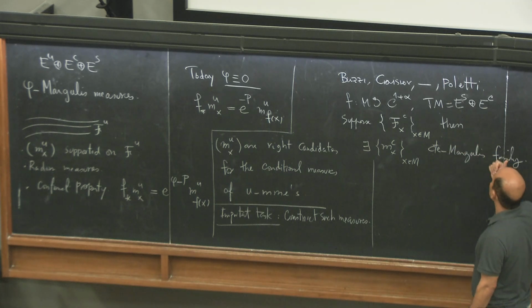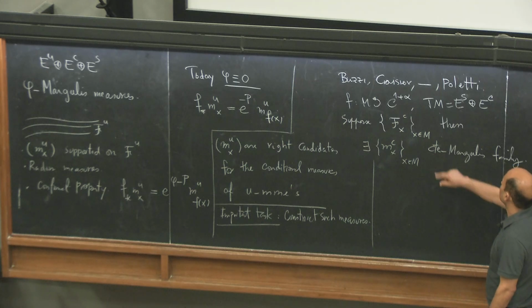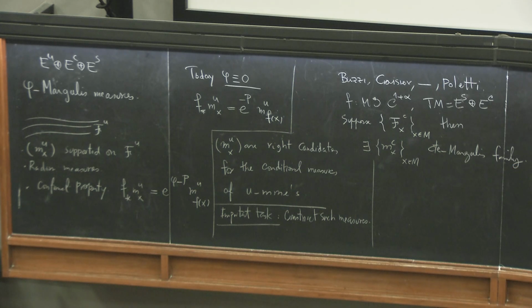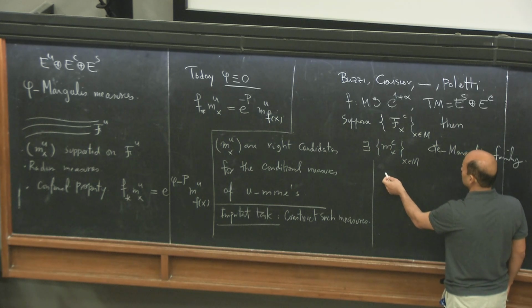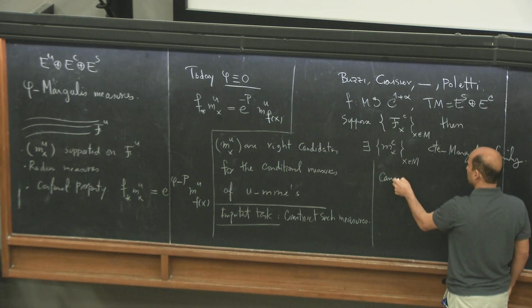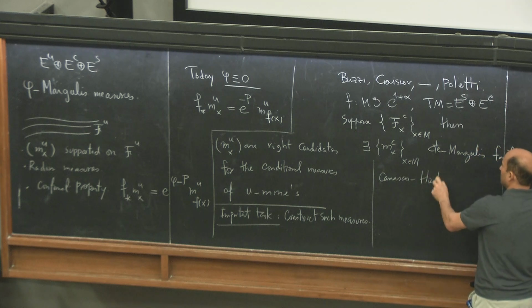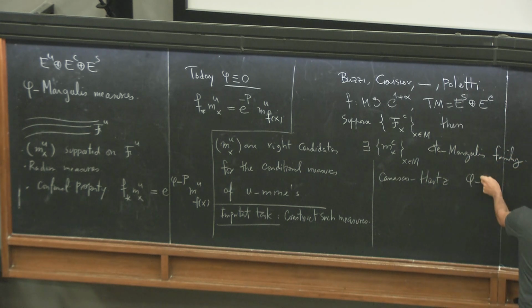Here I just said constant Margulis family, but there is also a result by Pablo, Carrasco, and Federico, in the same realm, where you can also do it for phi Margulis families. Is P positive? Yes, P is positive.